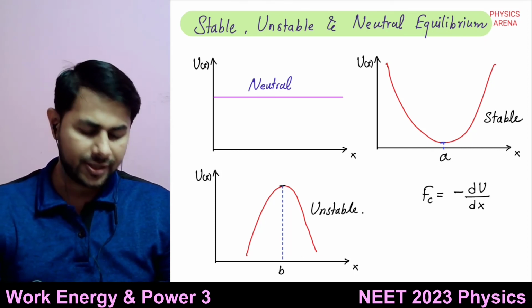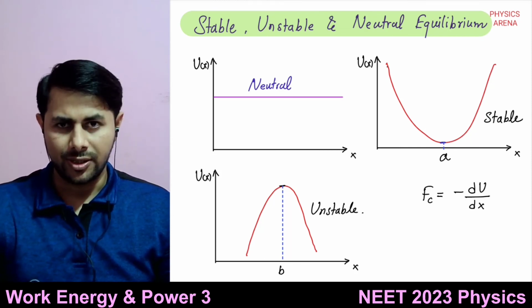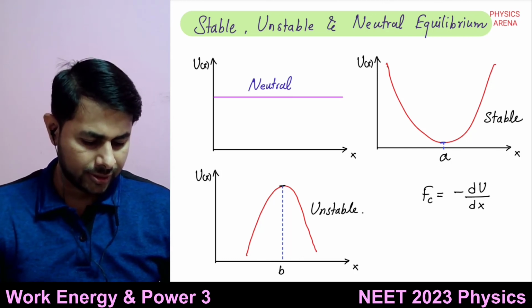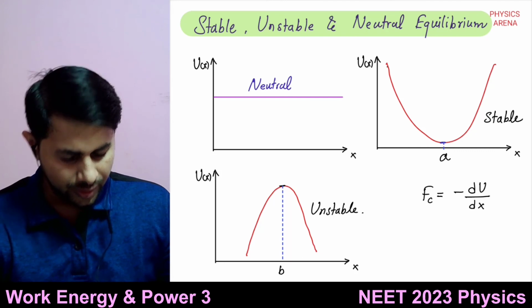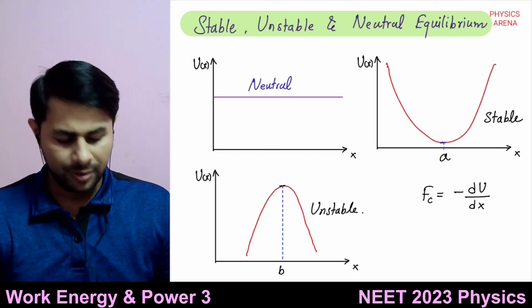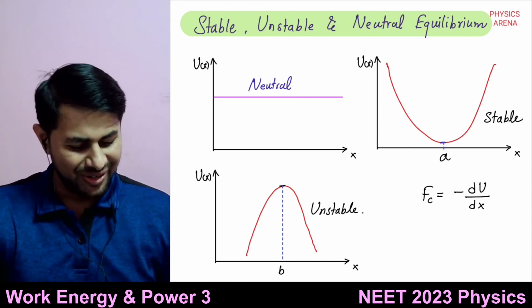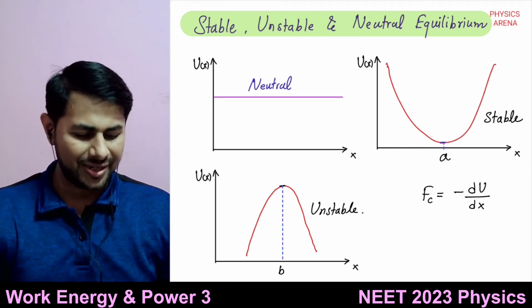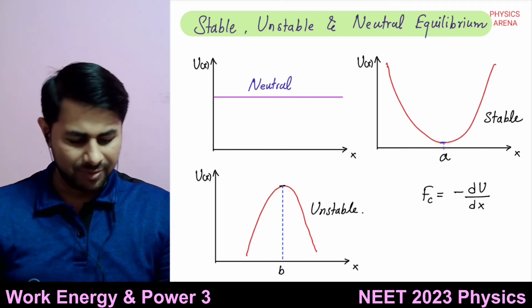How will you check? Given a potential energy function, how will you check whether it is a stable equilibrium or unstable equilibrium? We had done something like this. What is this thing called? Maxima or minima?